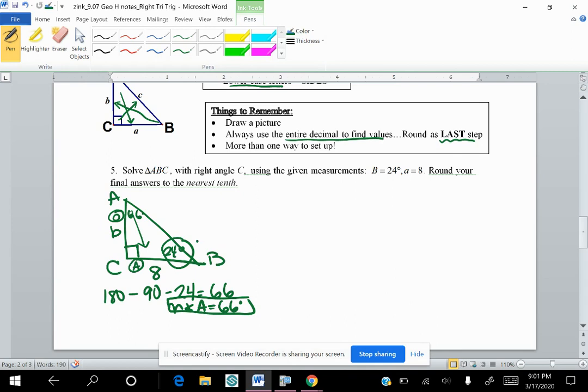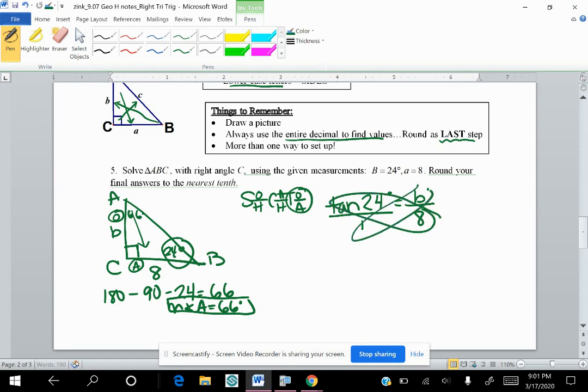Since I have an O and an A, if you write out your SOHCAHTOA, I want to use tangent. So sine of the angle, cosine of the angle, tangent of the angle. Tangent of 24 degrees equals opposite, which is lowercase b, over adjacent, which is 8. This time I'm not looking for an angle, so I can put it over 1 and cross multiply.